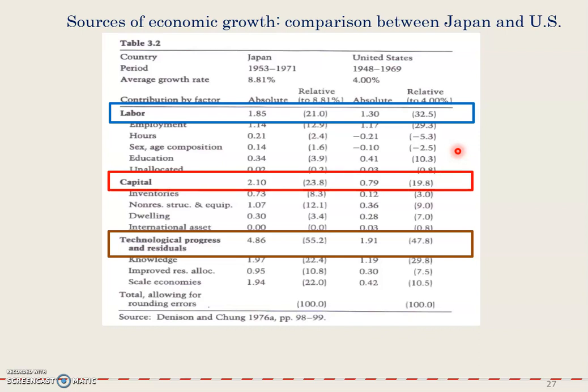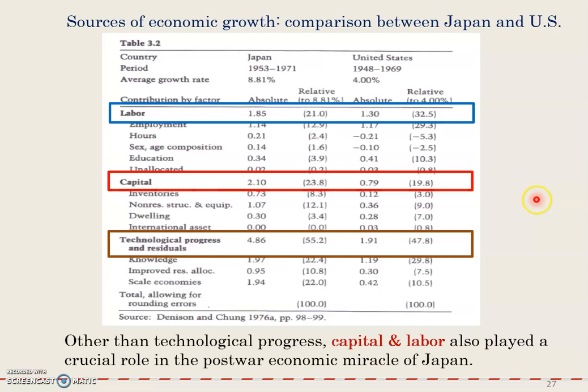And for the capital stock, again, that means machinery, equipment, tools, not the financial capital, it accounts for about 24% of the overall growth in Japan, but only 20% in the United States. So here, what we learn is capital and labor also play crucial roles in the post-war economic miracle of Japan. Between these two, we find the capital stock is a little more important than labor.